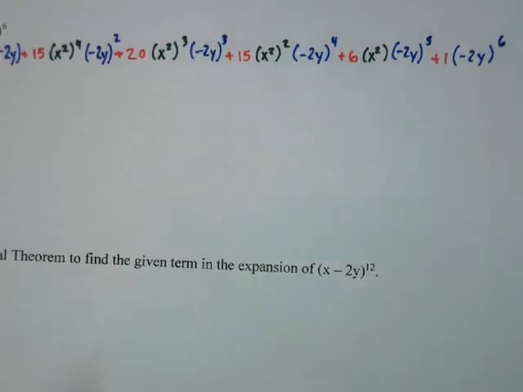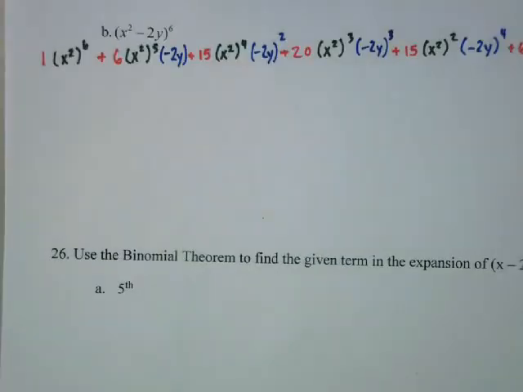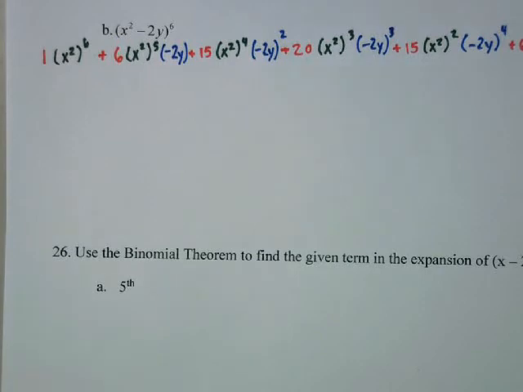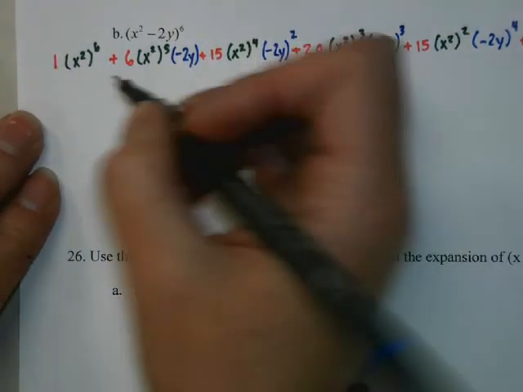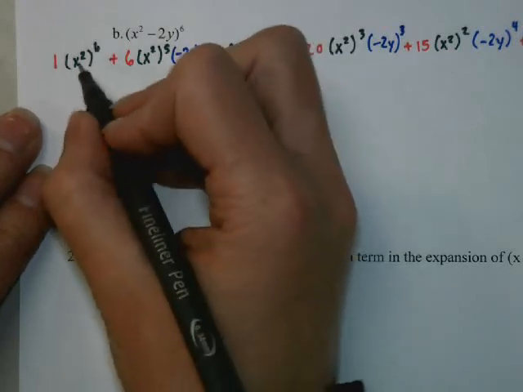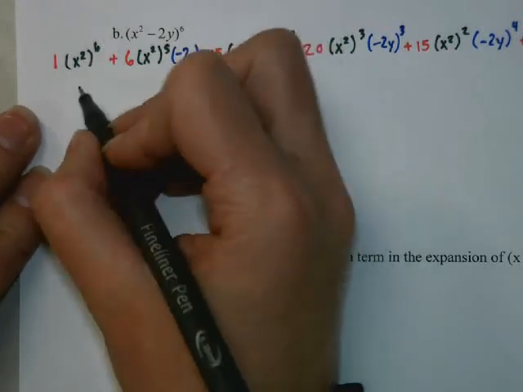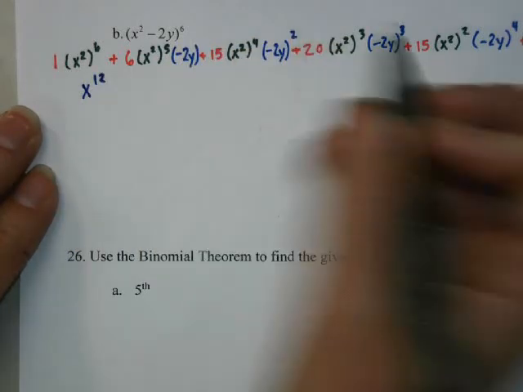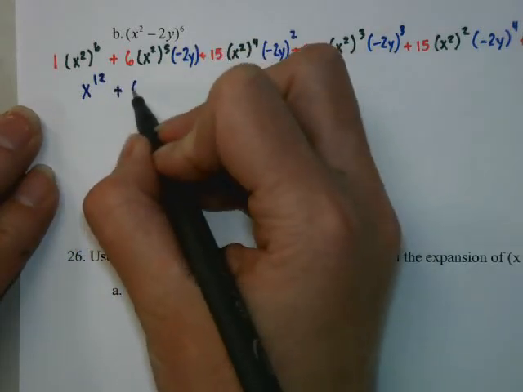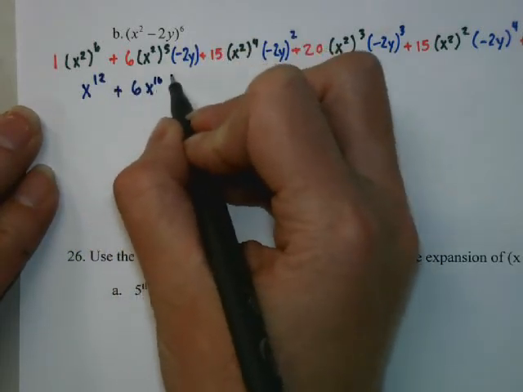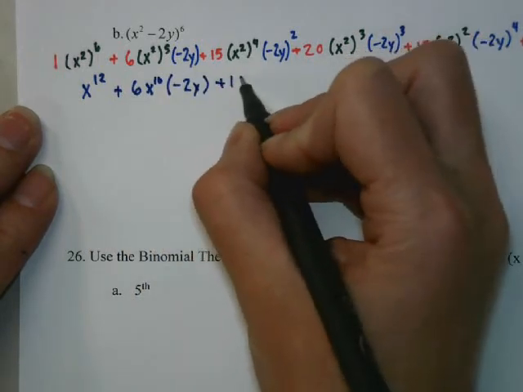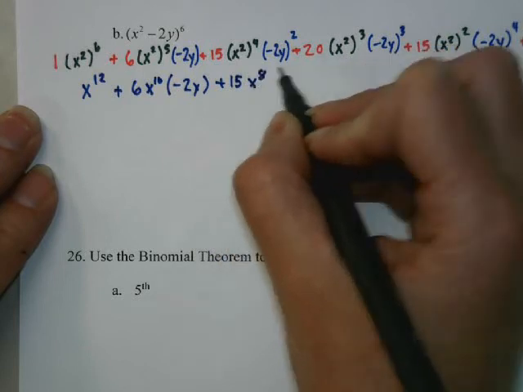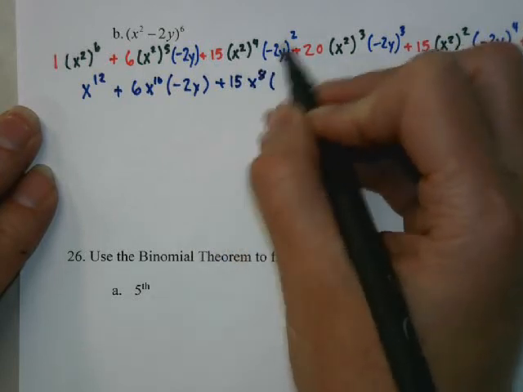All right. Now, I'm going to start simplifying. So I'm going to do the power, and then I'm going to do the negative 2 to the power. So we multiply those, so it's going to be x to the 12th plus 6x to the 10th times negative 2y plus 15x to the 8th times negative 2 squared, which is 4y squared.